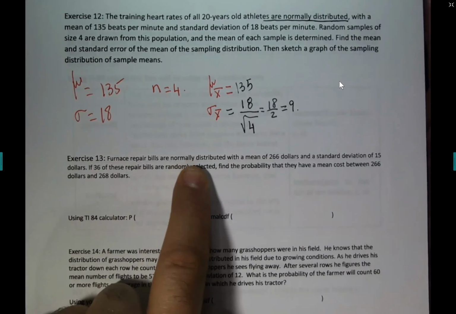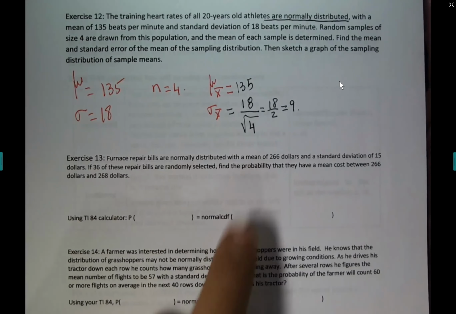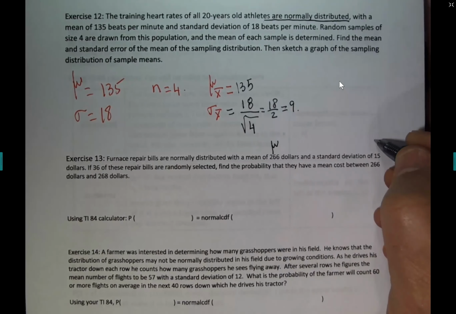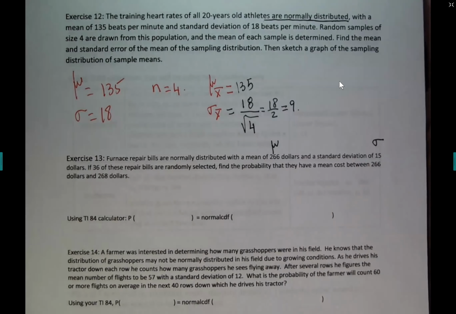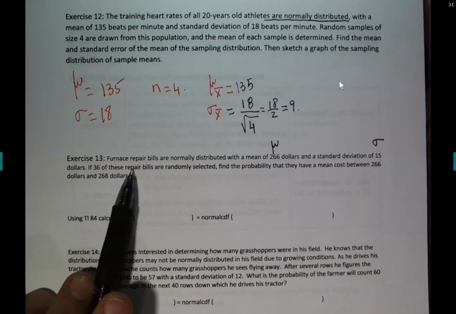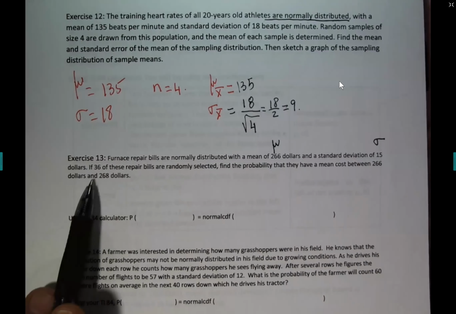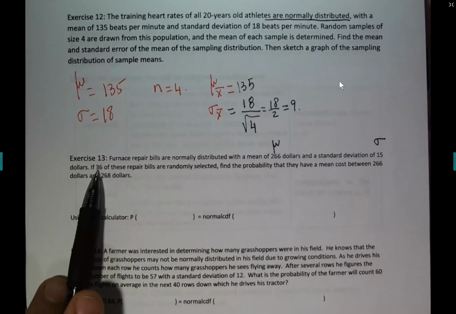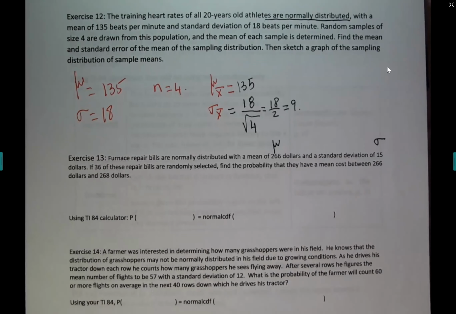So with a mean of $266 and a standard deviation of 15, if 36 of these repair bills are randomly selected, so what does the 36 stand for, guys? The sample? Yeah, Sam, what is the letter? You need to get used to the letter. N, yes, very good. Good job.